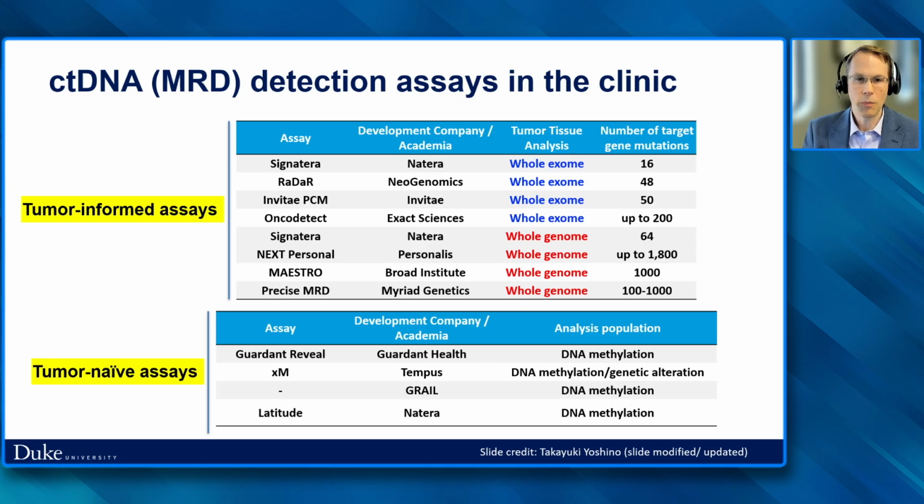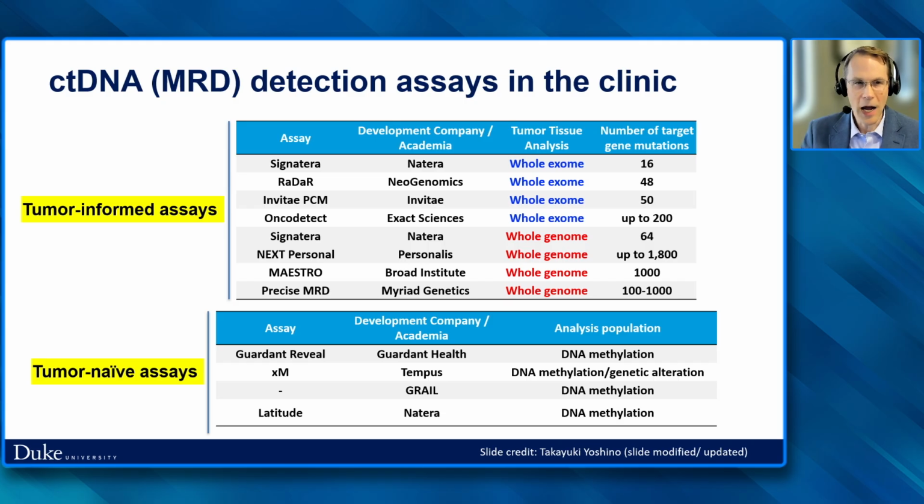The tumor-informed tests also have substantial differences in how they're built. Some use a whole exome panel with 16, 48, 50 different variants they'll detect. Some use a whole genome approach, which typically has a much wider variety of alterations they can detect. The theory here is that the more targets you have, the greater sensitivity you have to detect recurrence.